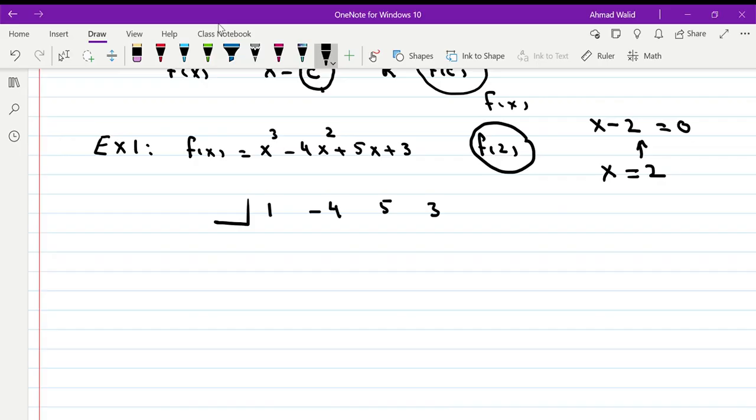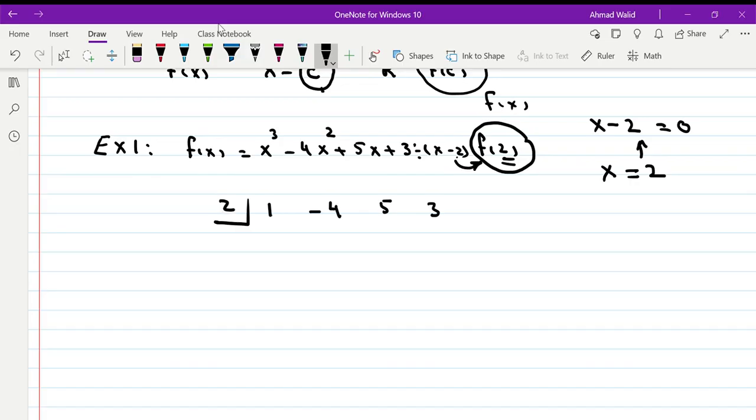Sometimes they give you f of x equals x cubed minus 4x squared plus 5x plus 3, divided by x minus 2, and ask you to find the remainder. Immediately you have to find f of the opposite of this. You have to look for f of positive 2, not negative 2. That's why I explained it here.